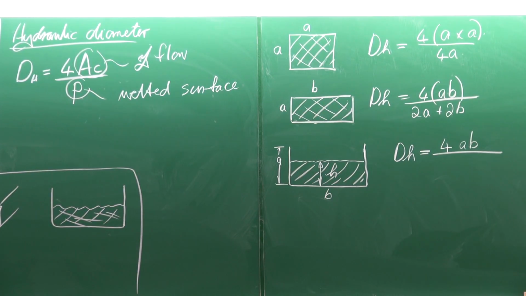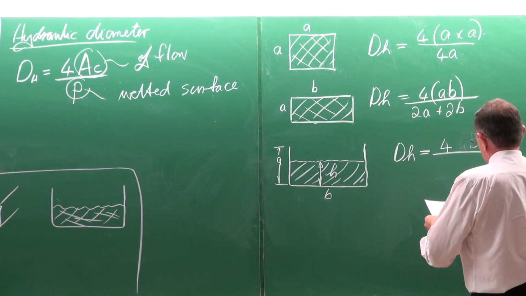I see many of you are shaking your heads. You're right. It is not 4 times AB. It is 4 times HB.